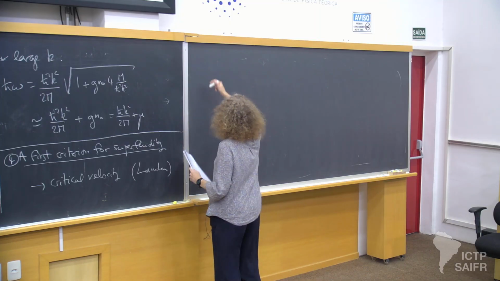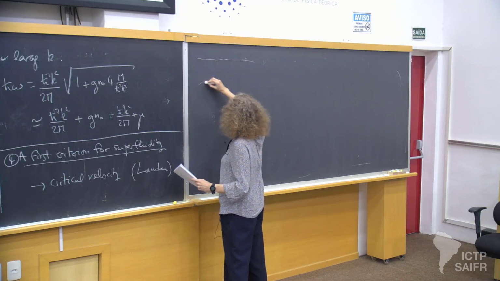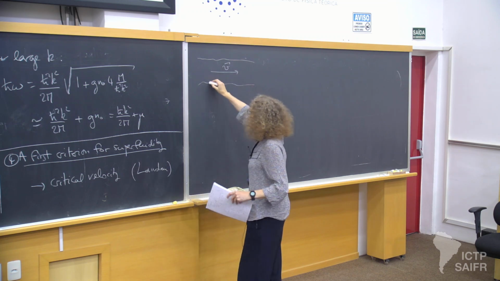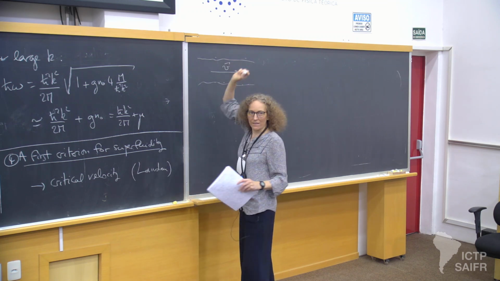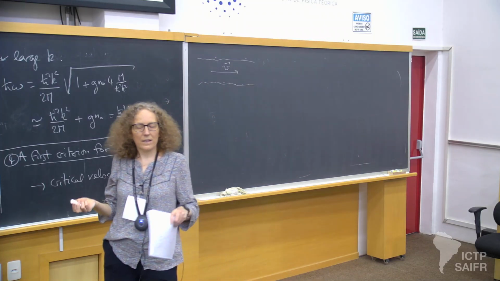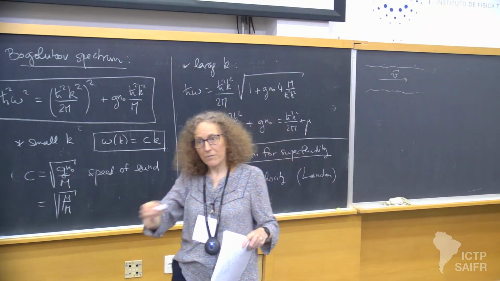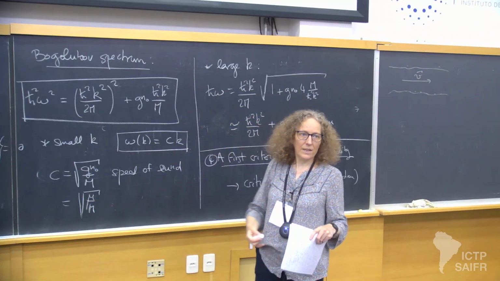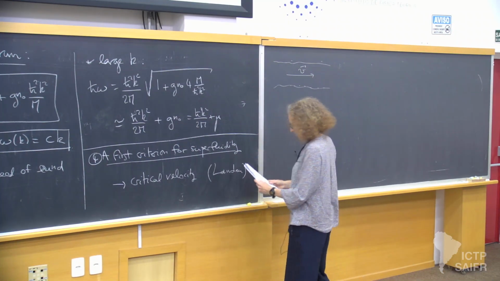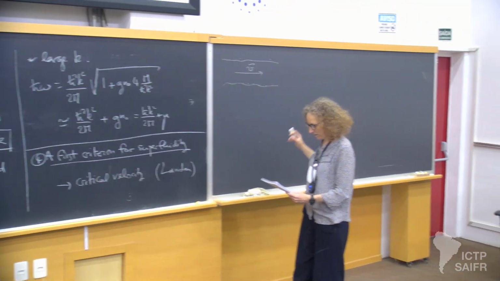So imagine you have the fluid going through a pipeline like that. And there are some little defects on the edges that may scatter with the fluid and then eventually damp the motion. And this can lead to some loss in the conduct.